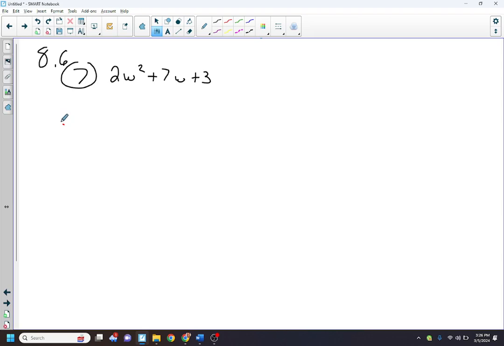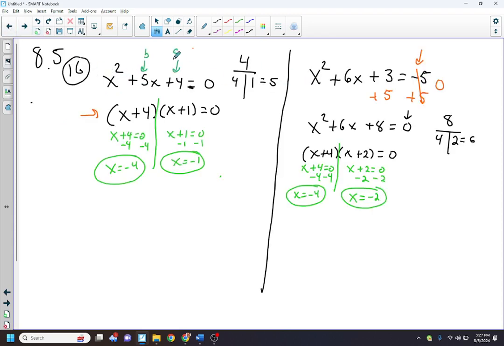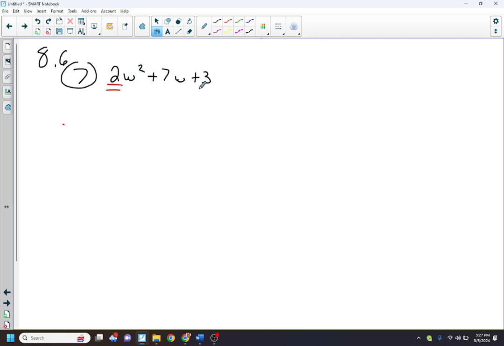All right, so number 7 over here: 2w squared plus 7w plus 3. Do the same thing. The problem is we have something in front of the w squared. Over here, we never had something in front, so we were allowed to do it normally.